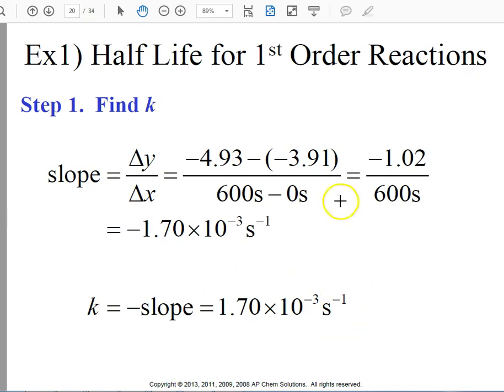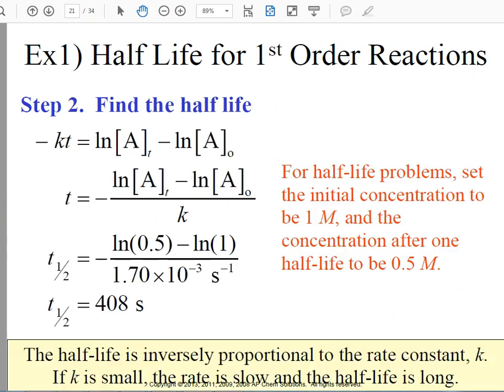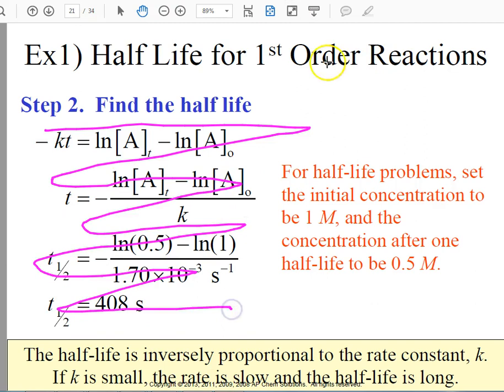Right? We're looking for the half-life though. How long does it take this concentration to half? For a first order reaction, there is a shortcut for finding the half-life as long as you know K. And this equation is on your equation sheet, so you always have it.